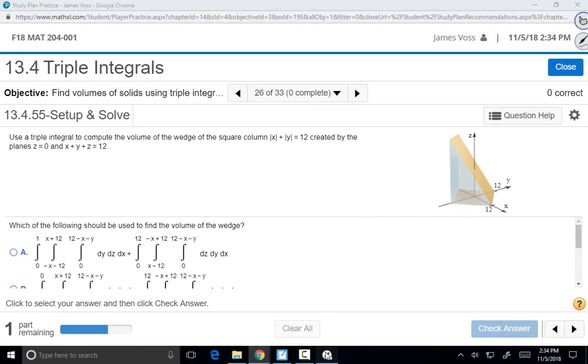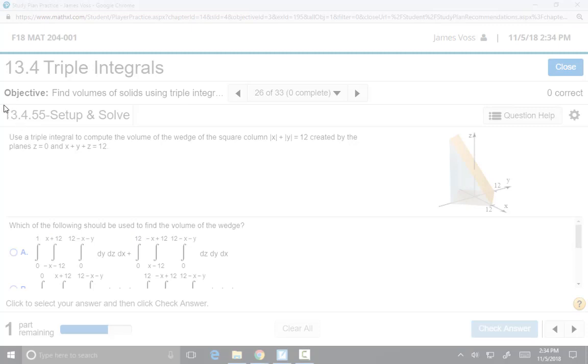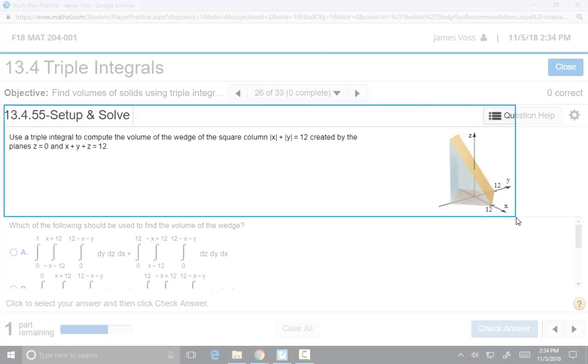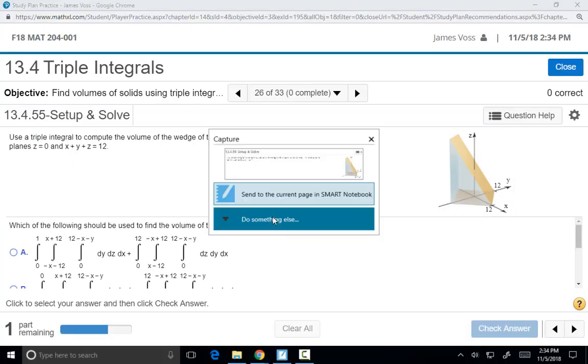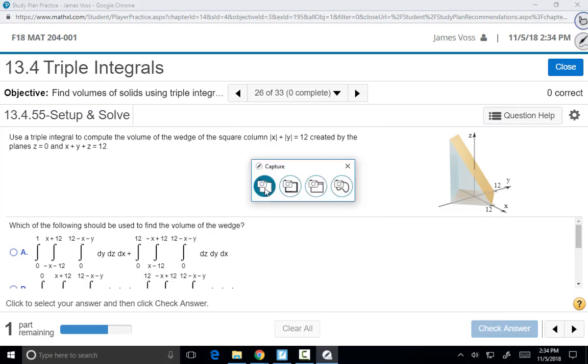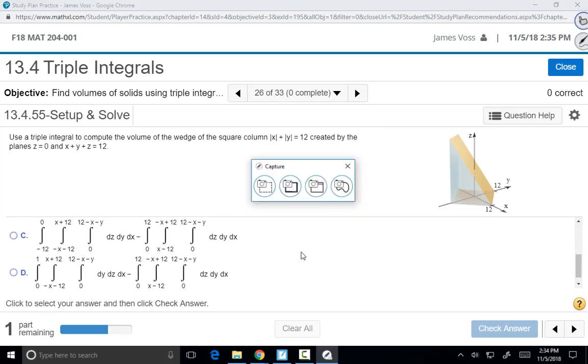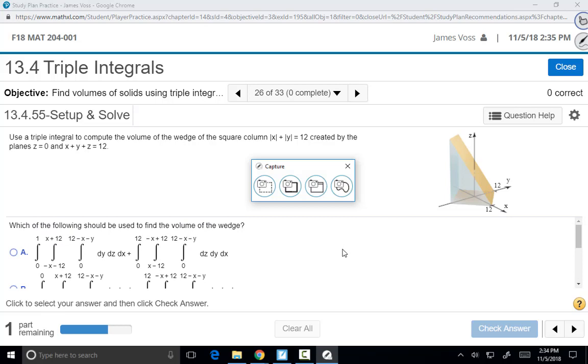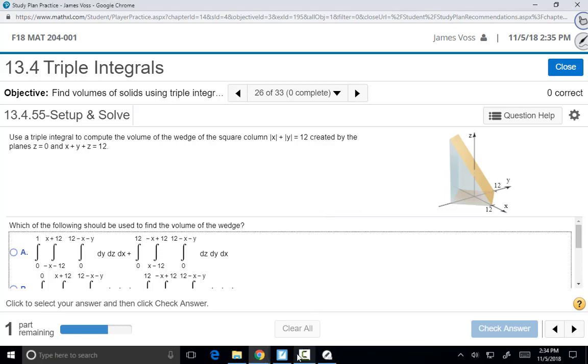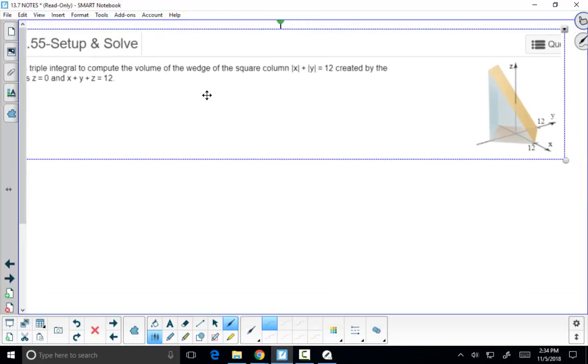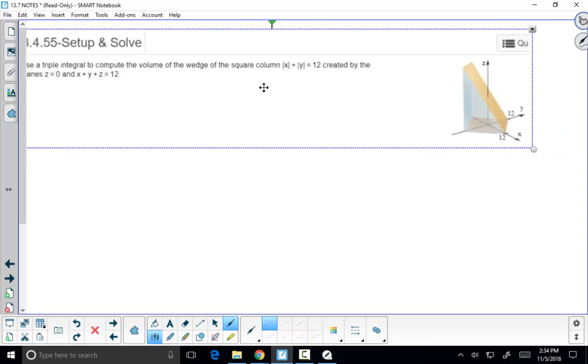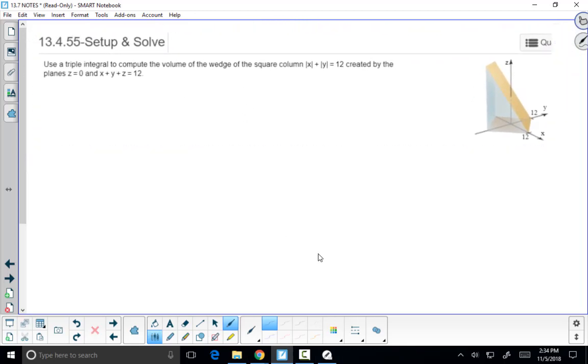All right, so let's find the volume of this wedge. This looks like something we did in 13.7, where we had to change the region. We have to identify the surfaces, which ones we want as the inner limits. So, triple integral.